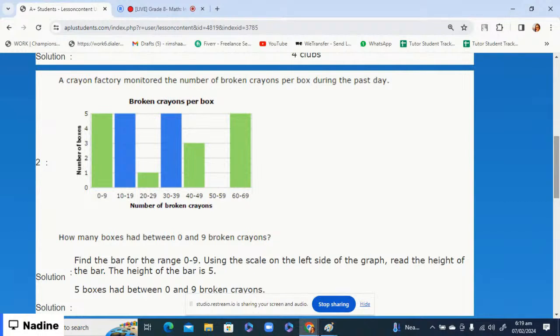The number of broken crayons is given here, and the number of boxes is also given on the y-axis. We are interested in how many boxes had between 0 and 9 broken crayons. First we check the green one. How many of it? It's total 5. Look at the top, it's 5.